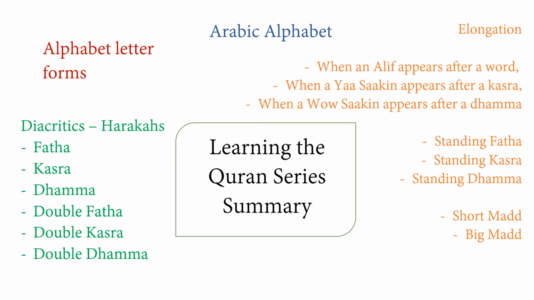We have a short mud and we have a big mud. The last two lessons of the harakas were about the sakin and the shadda. I have covered all of these topics in short videos so that it's easy for you to understand and you can learn one subject before you continue on to the next.